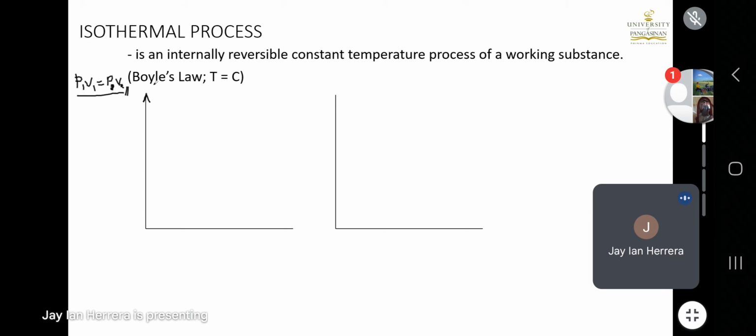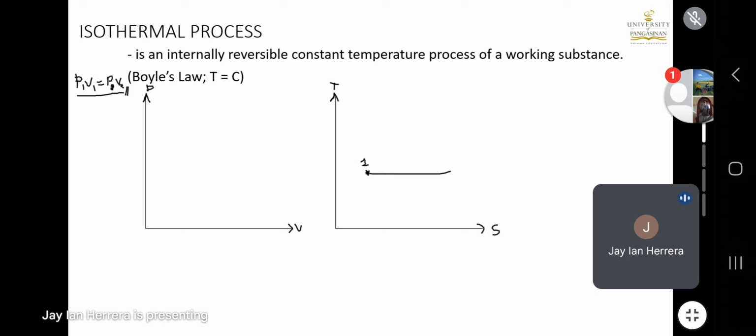Under isothermal, let's try to draw PV and TS diagram. Pero under processes naman, sabi ko hindi siya kakailangan like sa cycle. So since constant temperature siya, hindi gagalaw yung height ng ating temperature. Okay, so this is the point 1.